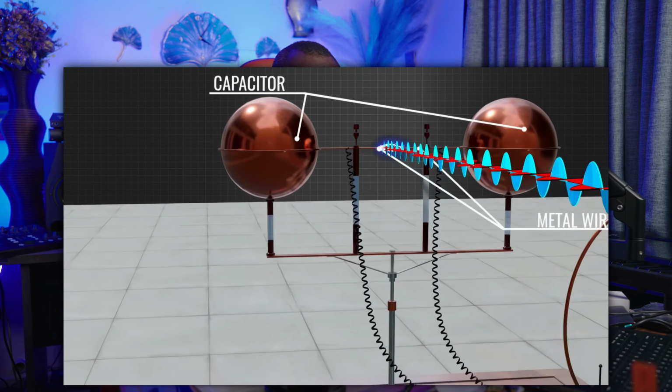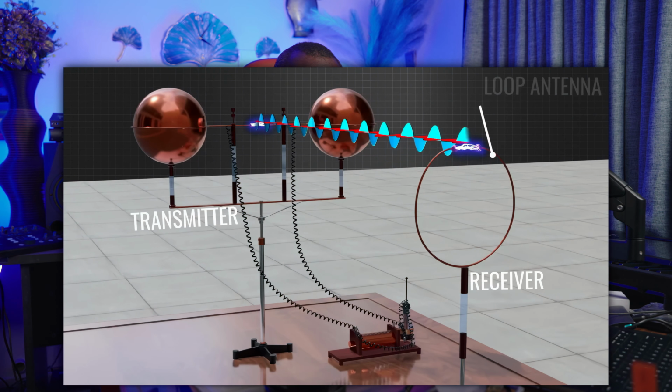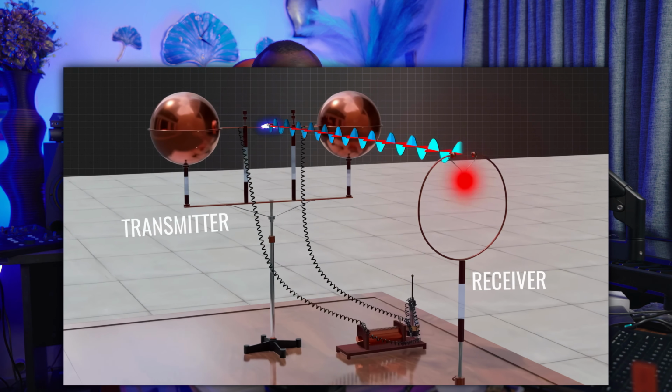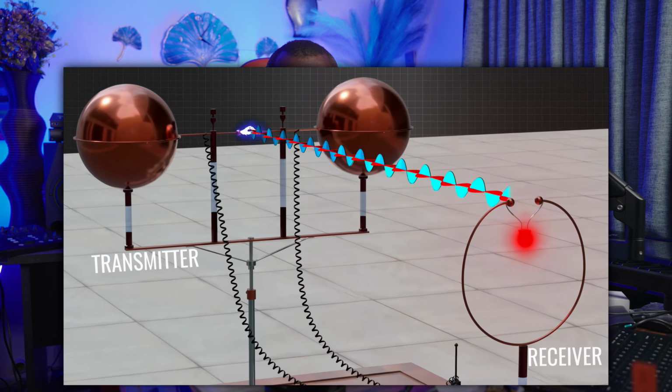Now let us look at visual graphics showing a simplified diagram of an EM wave propagating from the transmitter to a receiver. Now, how does this relate to photography, videography, and cinematography?